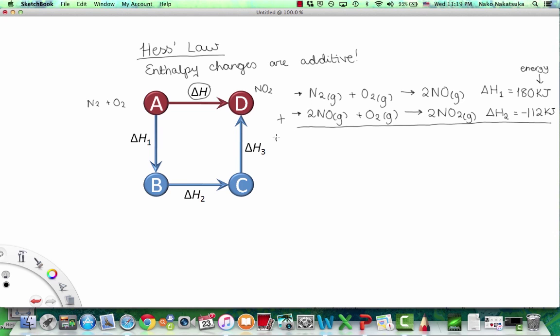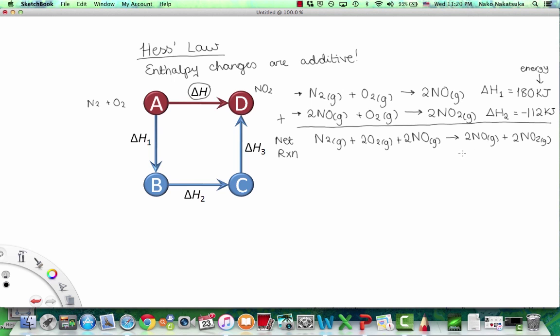When you add them, you end up with a net reaction that looks like this. We have N2 plus 2O2 plus 2NO goes to 2NO plus 2NO2.